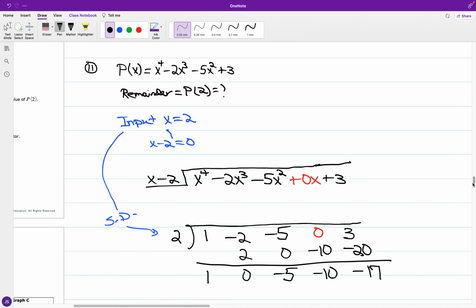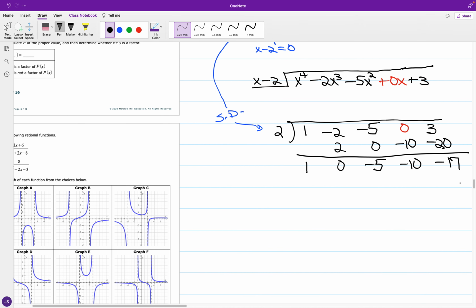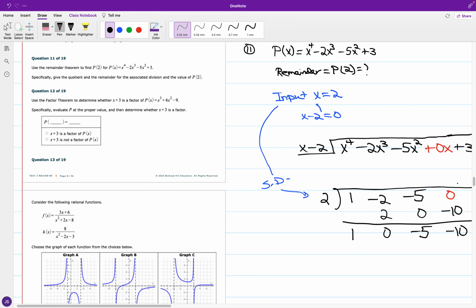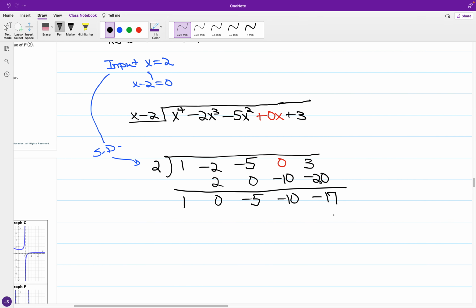So for the remainder, the remainder would be p of 2, which is equal to negative 17.